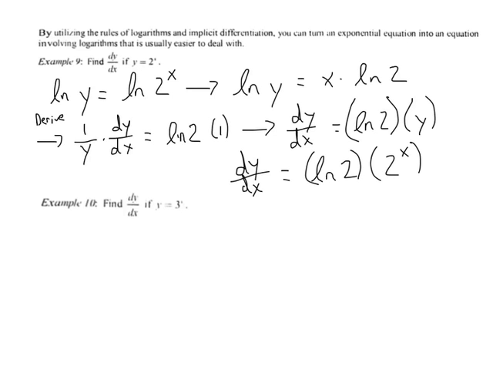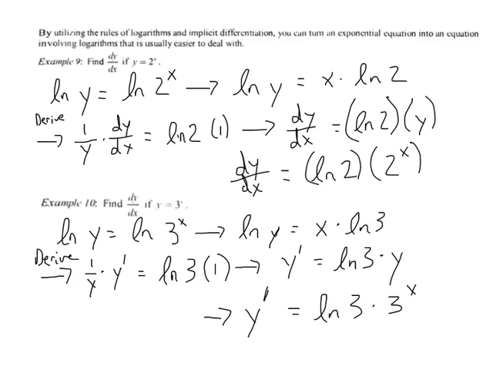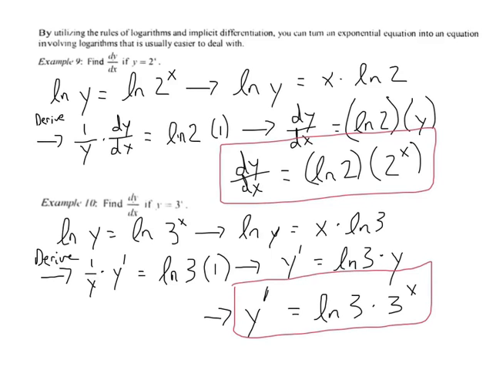Okay, let's see what happens when I come up with the derivative of 3 to the x in the next example. We're going to start by setting it up the same way. We're going to have natural log of y equals natural log of 3 to the x. And if you take a careful look, the work is going to look oddly familiar, and hopefully you're seeing a pattern in this.